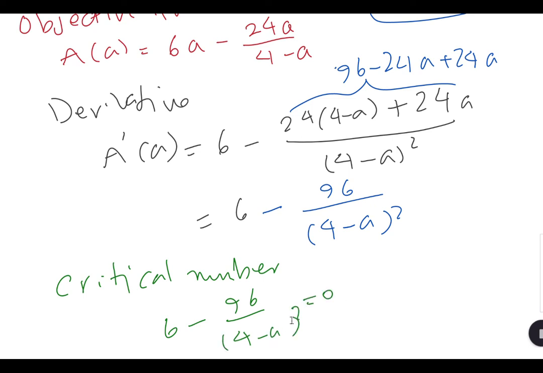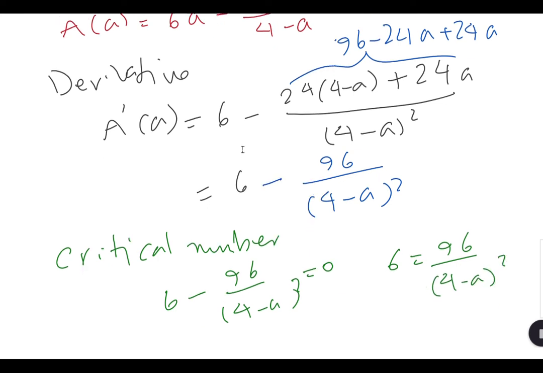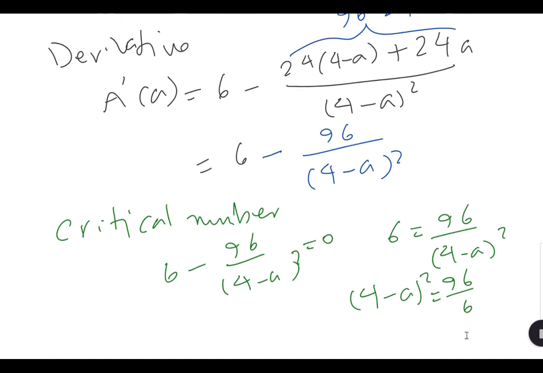And that gives me, taking the other side, (4 minus a) to the power 2 is equal to 96 divided by 6, and that is going to be 16, I think.